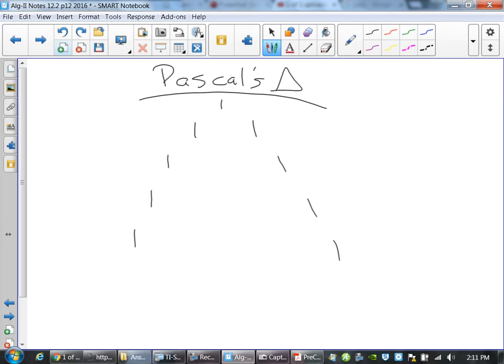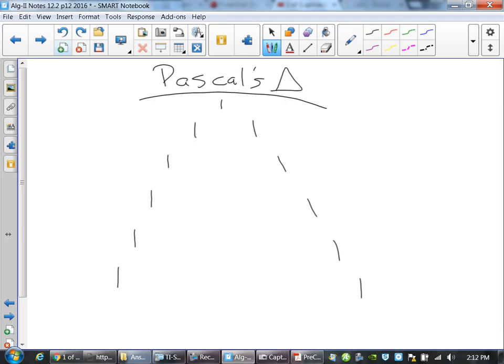Good old Pascal. You can always rely on him for polynomials. As you start to look at how Pascal's triangle is developed, each number that is directly below can be written from the sum of the 2 above it.